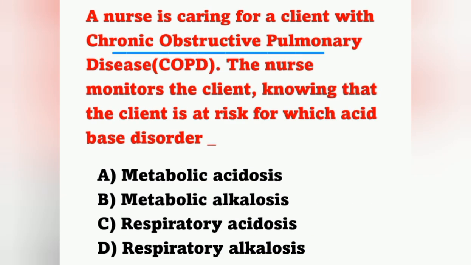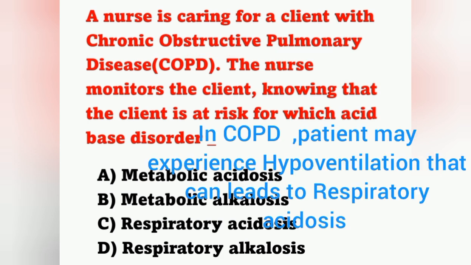A nurse is caring for a client with chronic obstructive pulmonary disease, that is COPD. The nurse monitors the client knowing that the client is at risk for which acid-base disorder? Option A, metabolic acidosis. Option B, metabolic alkalosis. Option C, respiratory acidosis. Option D, respiratory alkalosis.